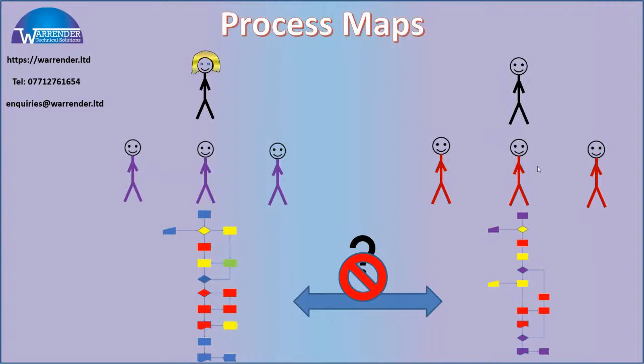Now, this all leads to the fact that the processes are the business, not the people. I'm going to come to that statement in a minute because I know that's controversial in some circumstances, but it's the process maps that represent the DNA of the business, and that DNA comes down from the owner.